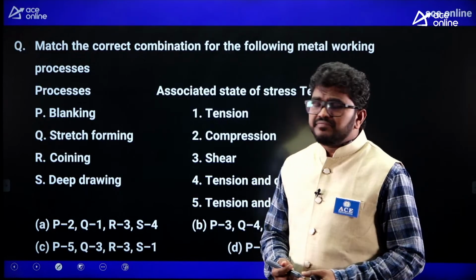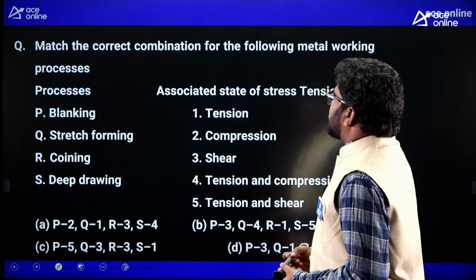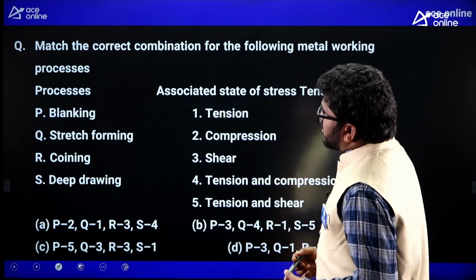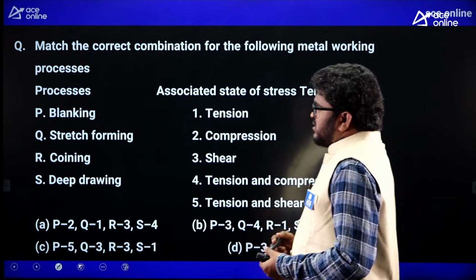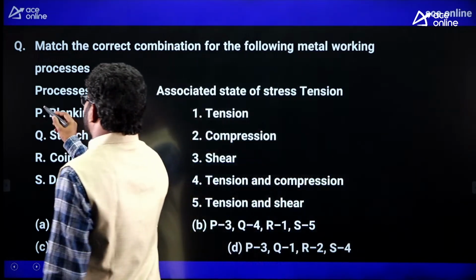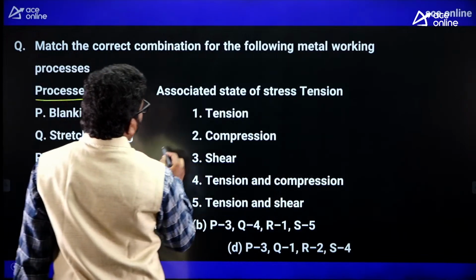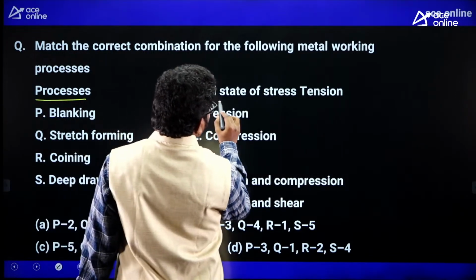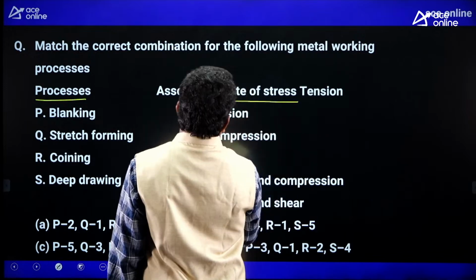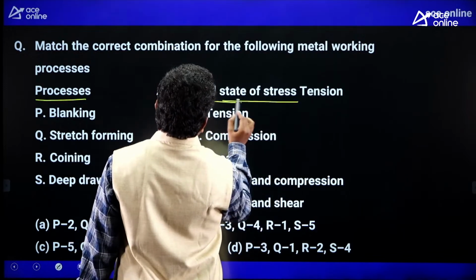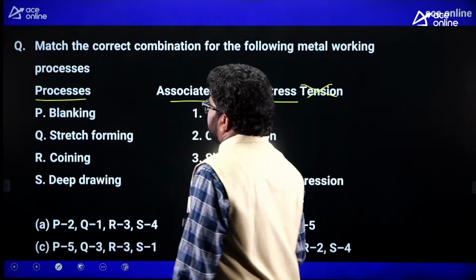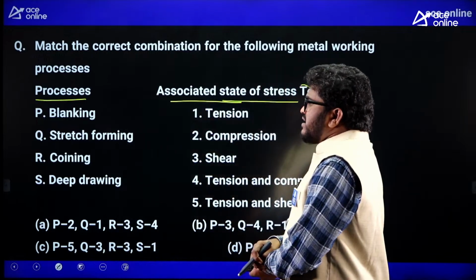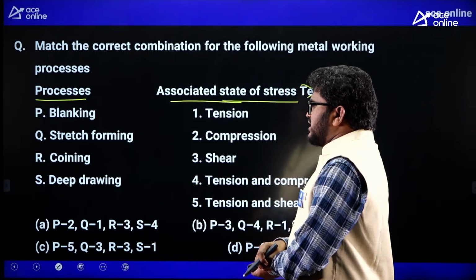Next, another question. Match the correct combination for the following metal working processes. In list 1, the processes are given, and in list 2, the associated state of stress: blanking, stretch forming, coining, deep drawing.